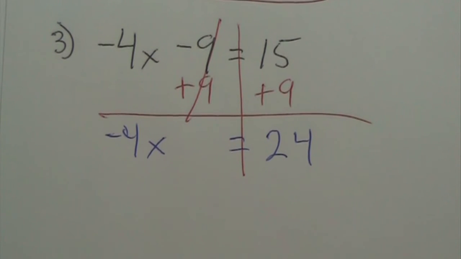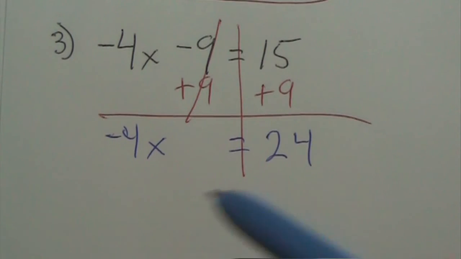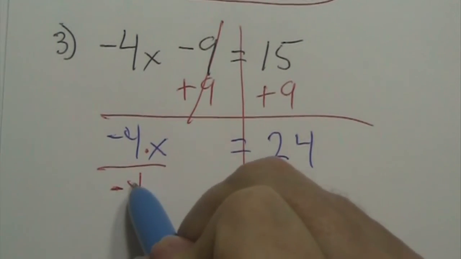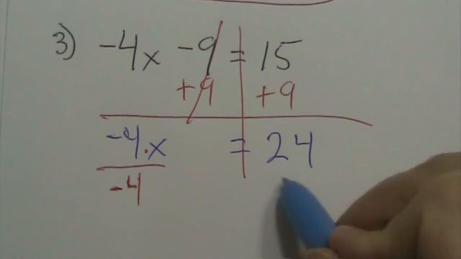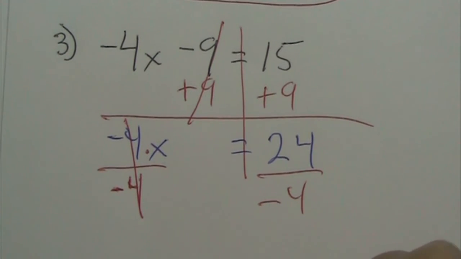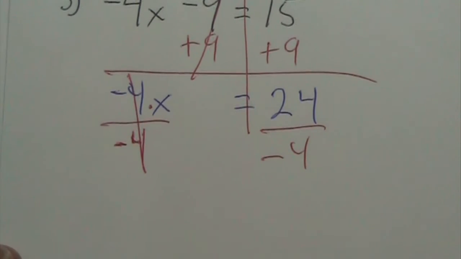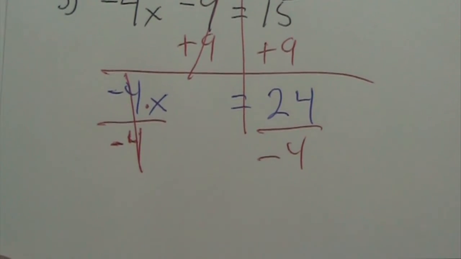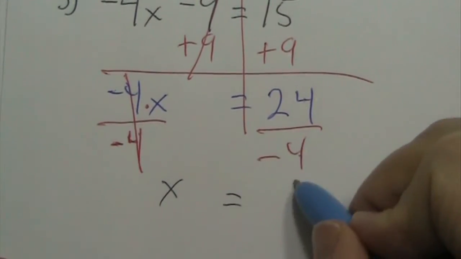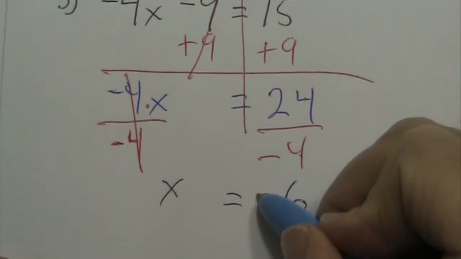Okay, now next step is to get rid of the -4. How do we do that? It's times, so you would divide by the same number. See, that becomes 1. So now we have -4. That's gone. x equals 4 goes in there, 6, and there's 1 negative.